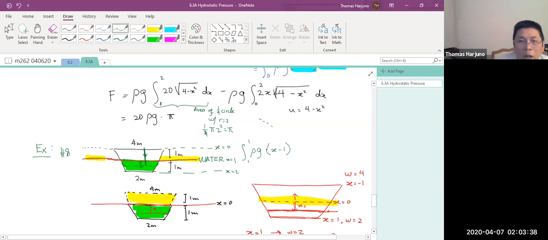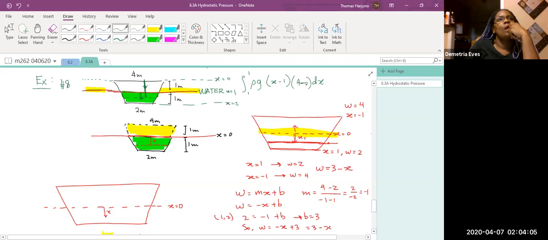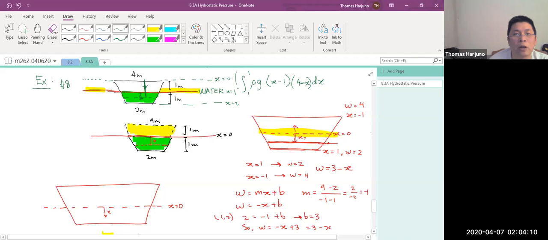And my width will be, what will that be? I think 3 minus x, or 4 minus x. You figure it out. I think it is 4 minus x. Now, when you integrate this, you should get the same answer too.